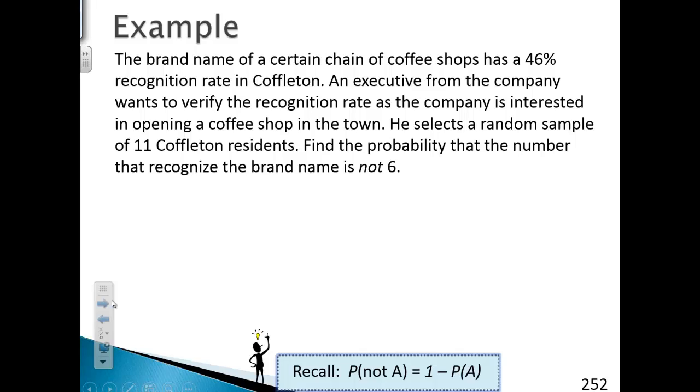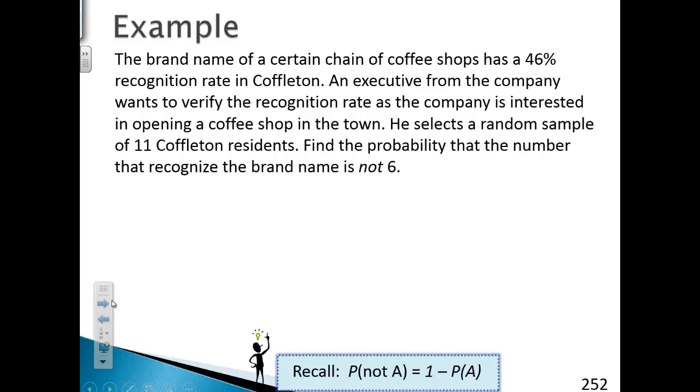Okay. So, keyword here, not 6. And how do we recognize this as binomial? We've done a lot of probability questions in the past. So how do we know this is binomial? This one we can tell is binomial because either they recognize the company name or they do not. There's one of two.